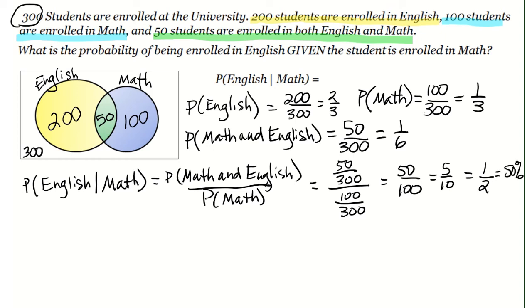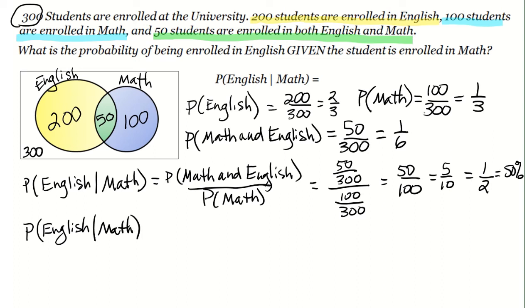Now, if you'll notice on your Venn diagram, we can do the same thing using the Venn diagram. Let's write this down, English given math.